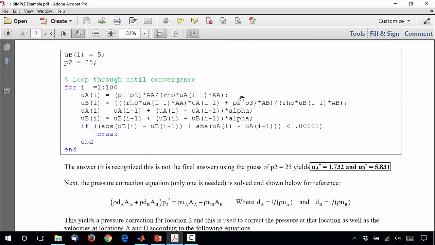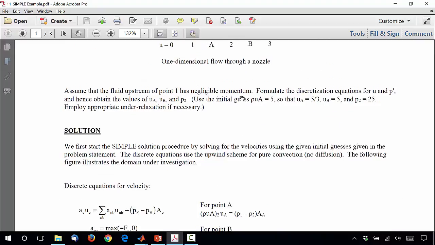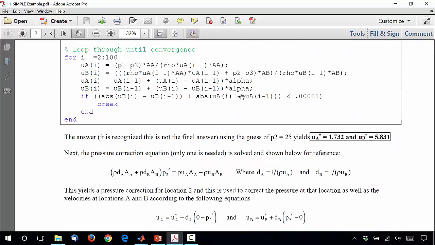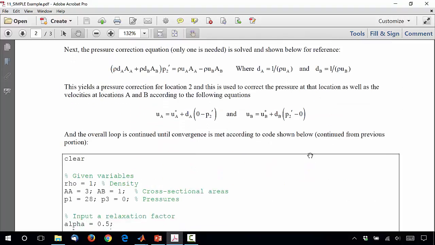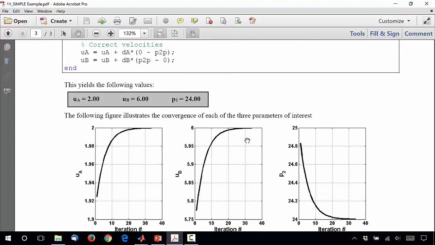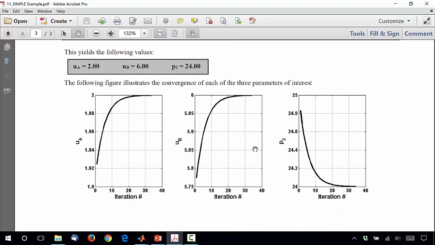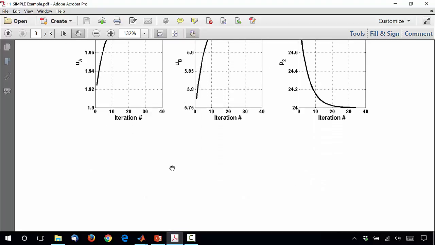So with our initial guess, we had pressure 25 and velocity 1.7 and 5.8. So we're ballpark with those, but it takes multiple loops through this algorithm to finally get velocities that again satisfy the continuity and the momentum equations.